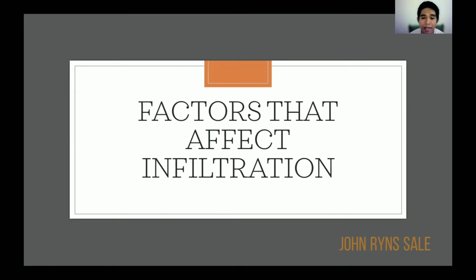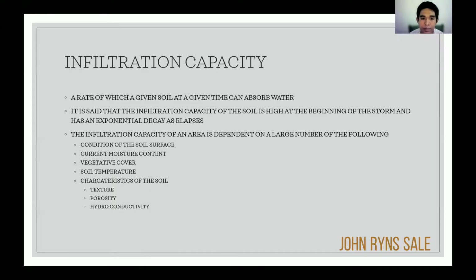Factors that affect infiltration. Infiltration capacity is the rate at which a given soil at a given time can absorb water. It is said that the infiltration capacity of the soil is high at the beginning of the storm and has an exponential decay as time elapses.